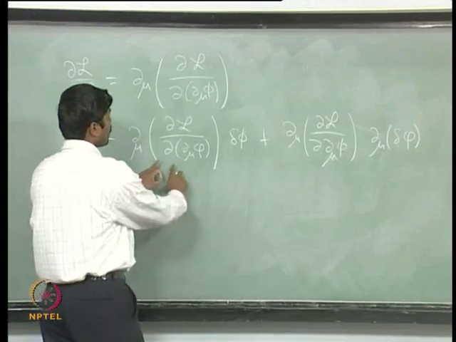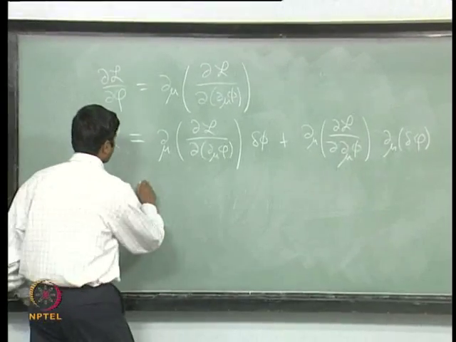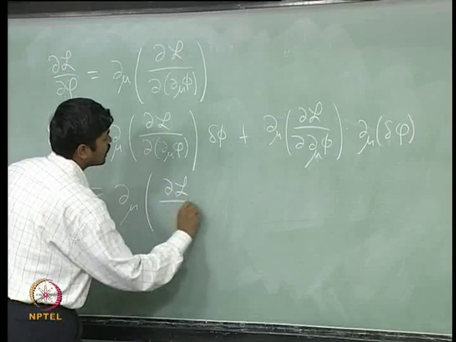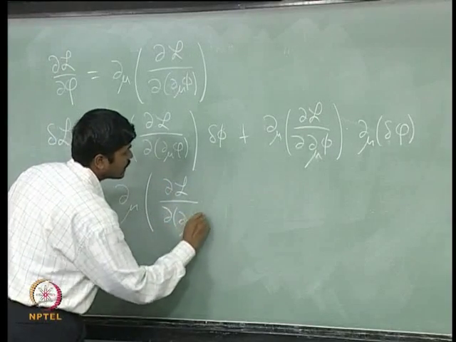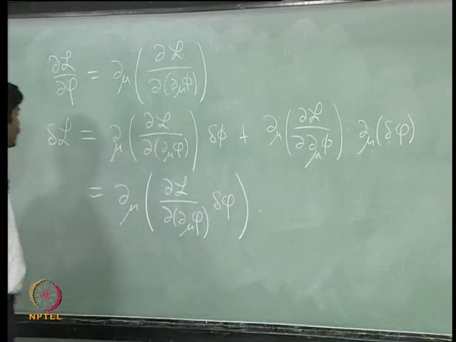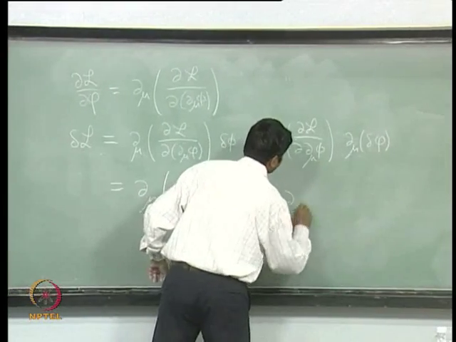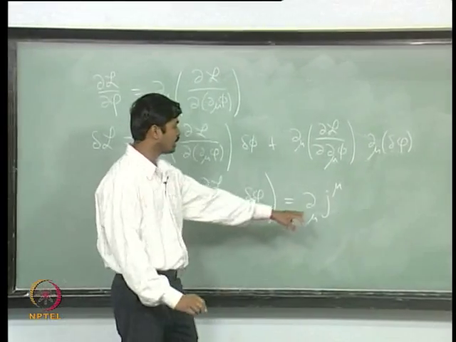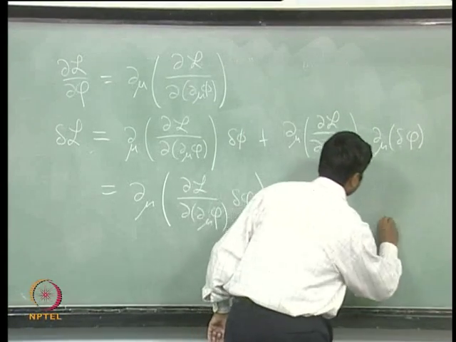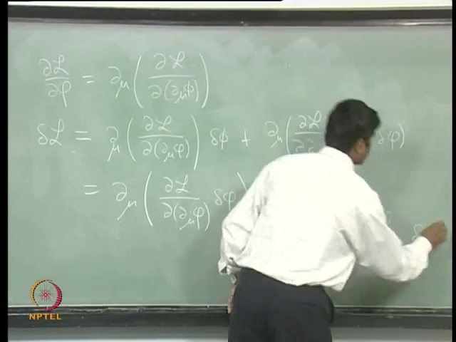Now, you can see if you combine both these terms, you will get a total derivative. So, this quantity is nothing but del mu of del L over del mu phi times delta phi. This is of the form del mu j mu, where this 4 vector j mu is equal to del L over del mu phi times delta phi.